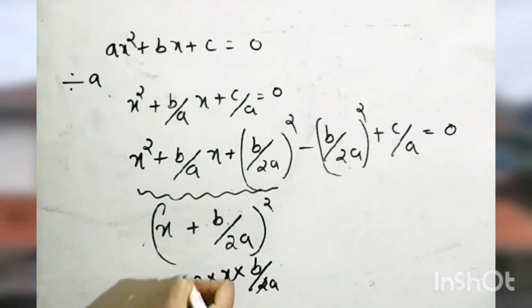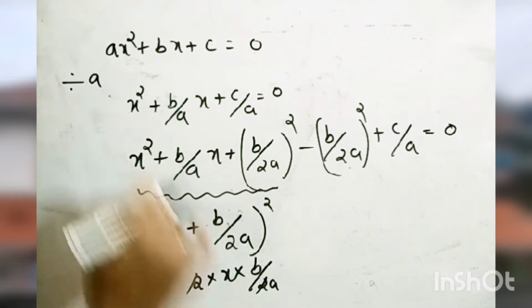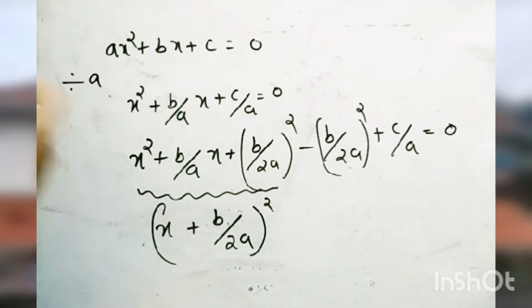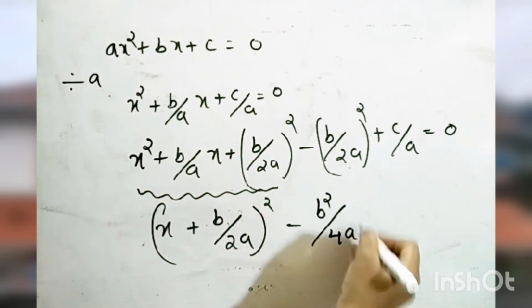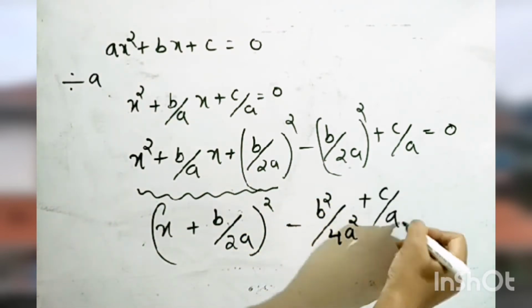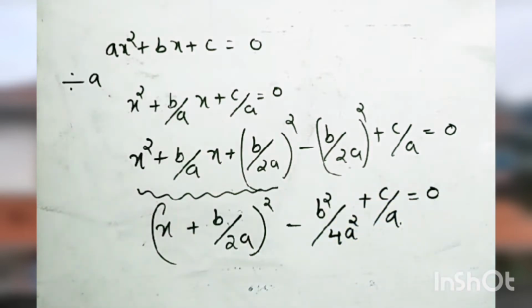That 2 gets cancelled and we get b by a into x. So the first three terms we can write as x plus b by 2a all square, minus b square by 4a square, plus c by a is equal to 0.